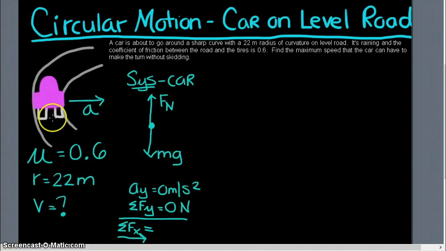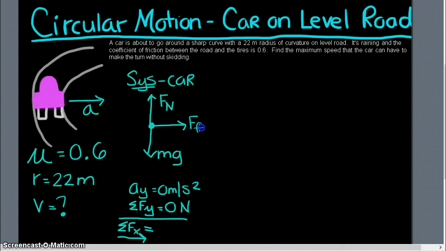I also know that this road surface exerts a frictional force on the car. As this car travels around the curve, these tires turn. And what's interesting as the tires and the road interact is that the force of friction at this point will be this way, in line with the acceleration vector towards the center of this circle.